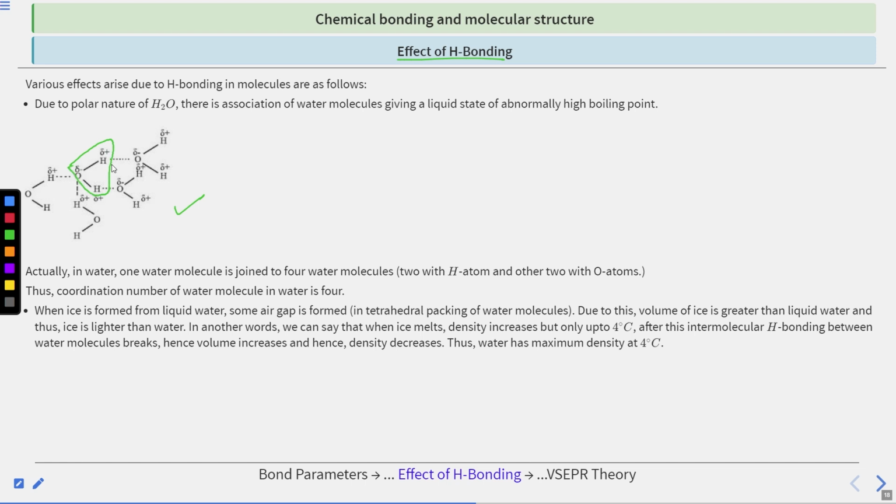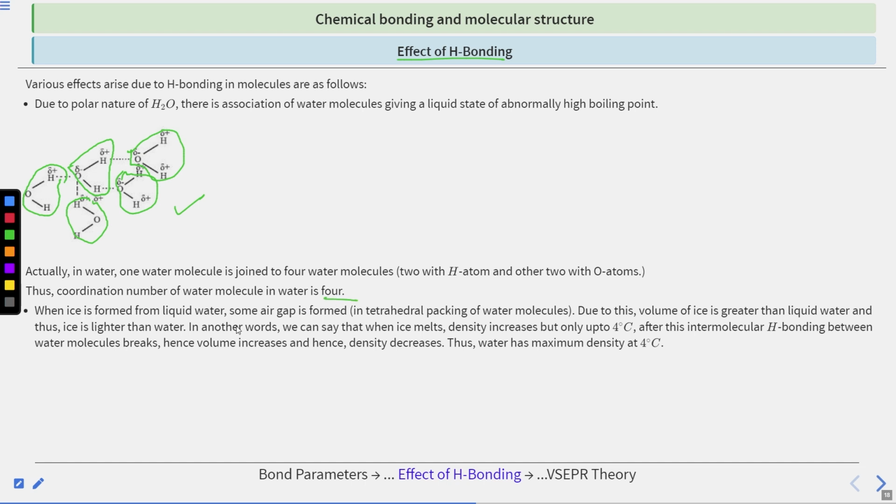Its oxygen is connected to a hydrogen of another water molecule, this oxygen is also connected to the hydrogen of this water molecule, and its hydrogens are connected to two other water molecules. So in water, one water molecule is joined to four water molecules, two with hydrogen atoms and the other two with oxygen atoms. Thus, the coordination number of a water molecule is 4.